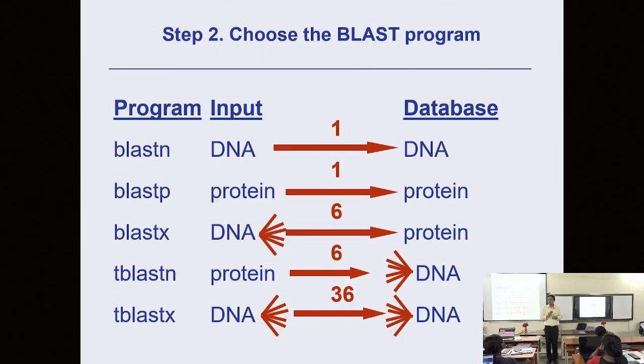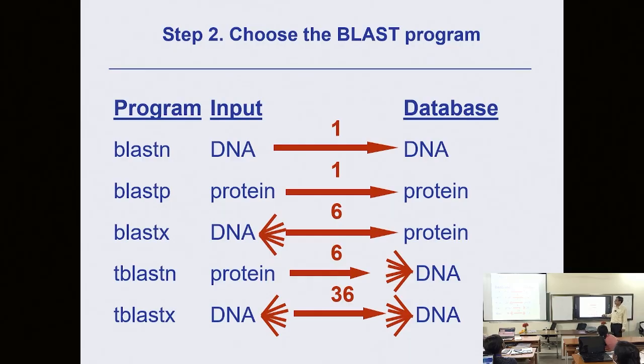But you know that DNA makes RNA, RNA makes protein. So you know that DNA can be translated to proteins, okay? And we will learn in a moment that there could be 6 possible protein sequences arising from a DNA sequence. Only one would be the real protein. But 6 possible protein sequences from a DNA sequence, just in a moment. So that is shown here, 6 possible, compared with a protein in the database. So how many comparisons? 6.